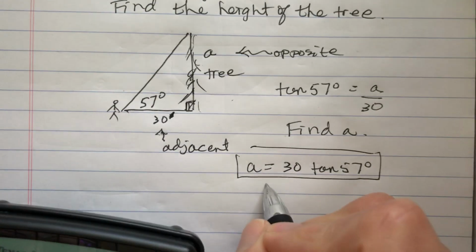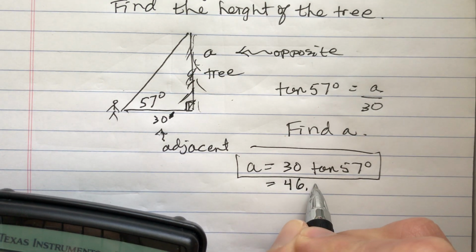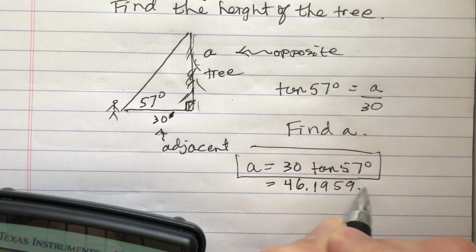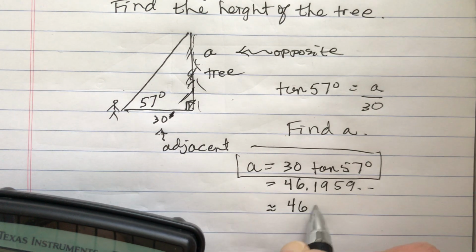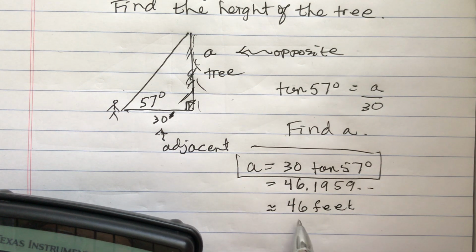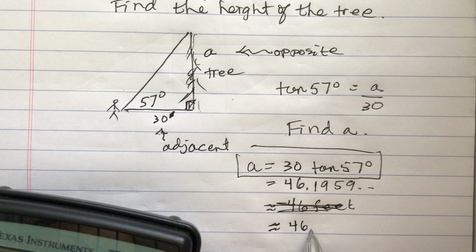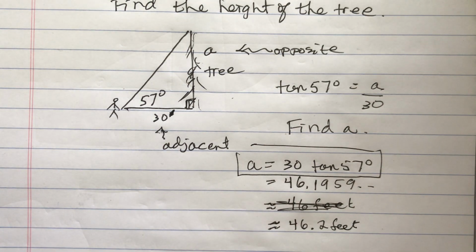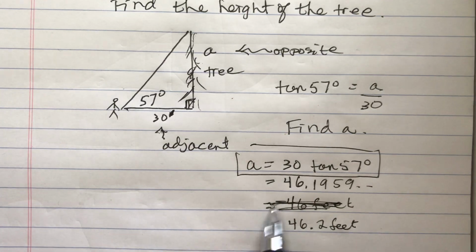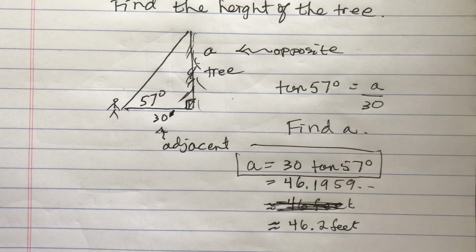And we get 46. I was trying to do something in my head and said it's around 50, but that turned out not to be that good. Let me round it off to 46.2 feet. Another book said you could round to one more decimal place than your input, so I'm going to do that.